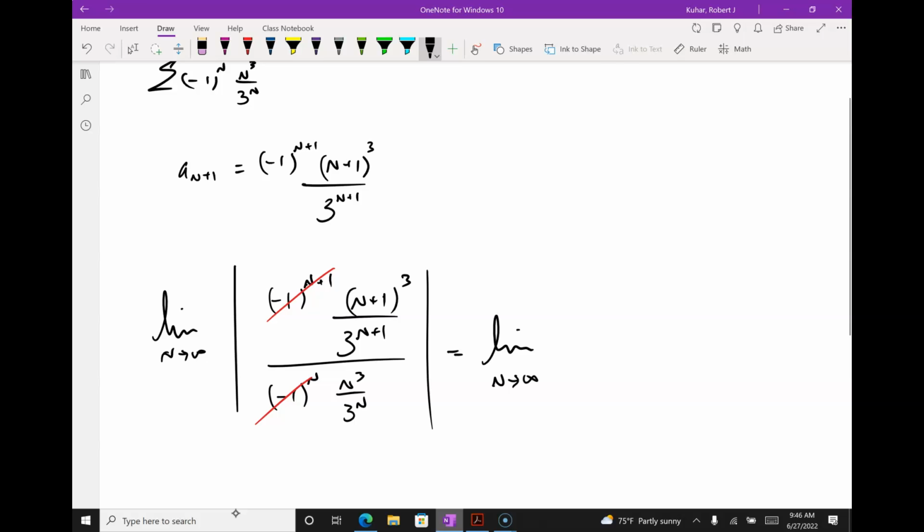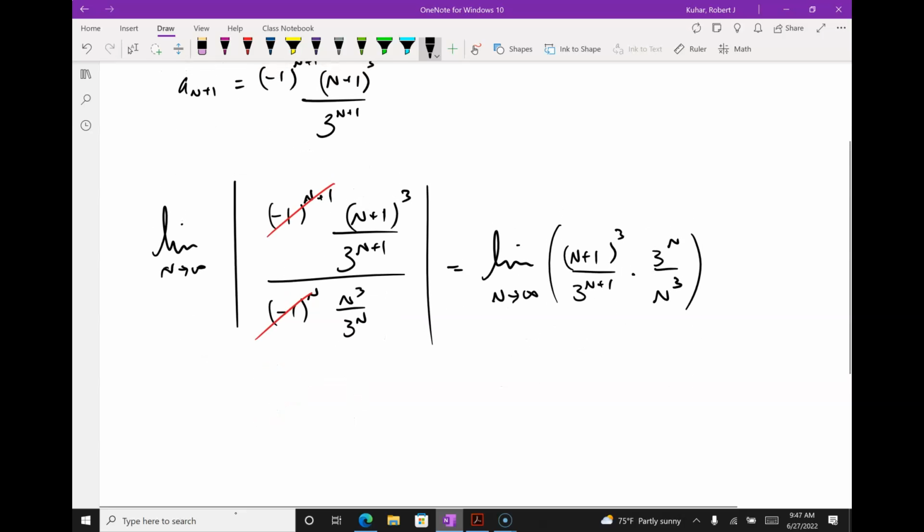So now I'm going to do a keep, change, flip again. N plus 1 cubed over 3 to the n plus 1 times 3 to the n over n cubed. I already know something about n plus 1 cubed over n cubed. In the long run, it's the ratio of the leading terms, right? You with me?